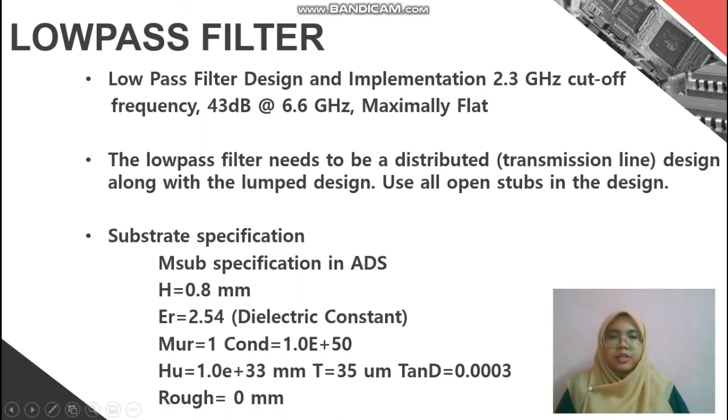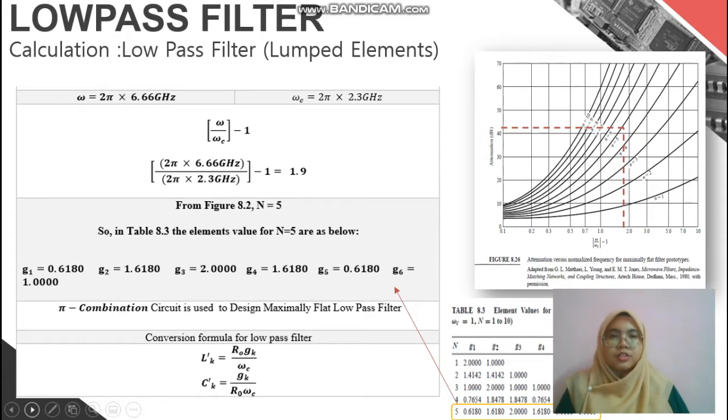The third point is the substrate specification that we will use when we design the distributed transmission line. Next, this is the calculation for the low pass filter using lumped element LC.